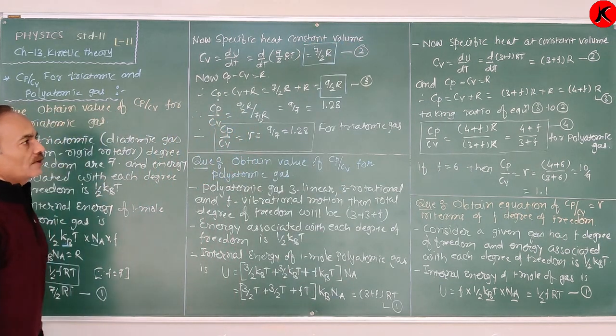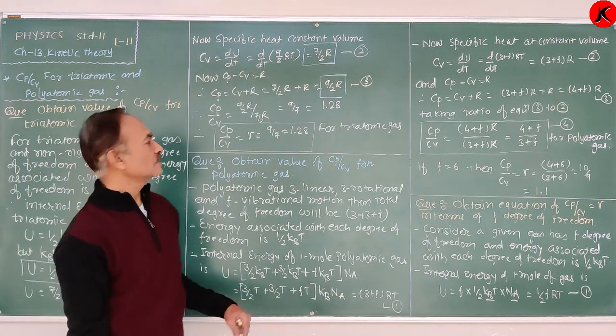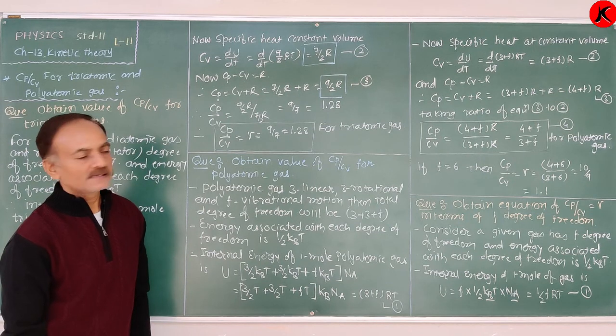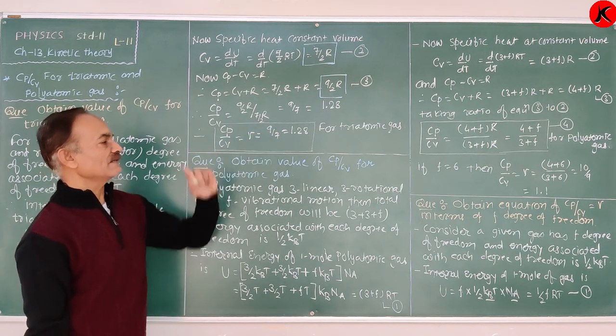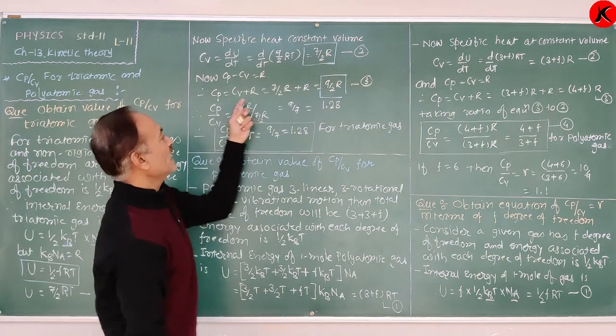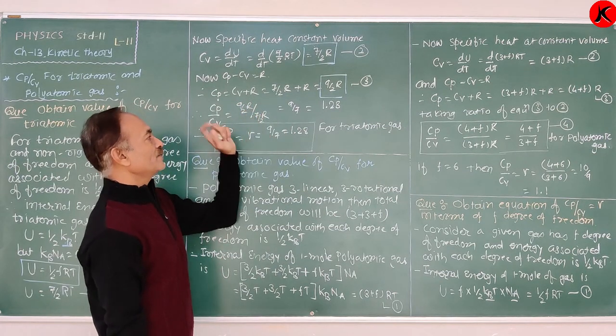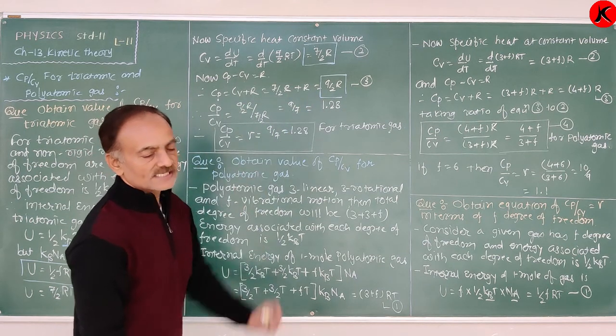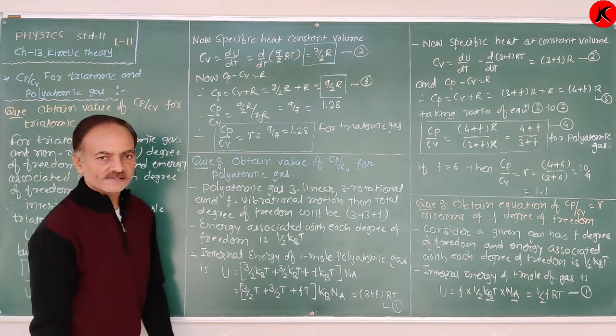Now taking the ratio of Cp to Cv, Cp upon Cv is known as gamma. Gamma is equal to 9 by 7, because here 9 by 2 R upon 7 by 2 R, the 2 and R cancel, remaining is 9 by 7, which is equal to 1.28.